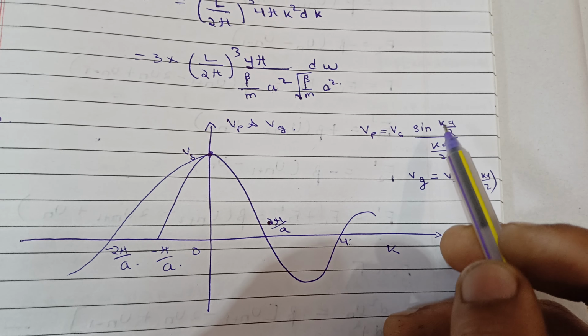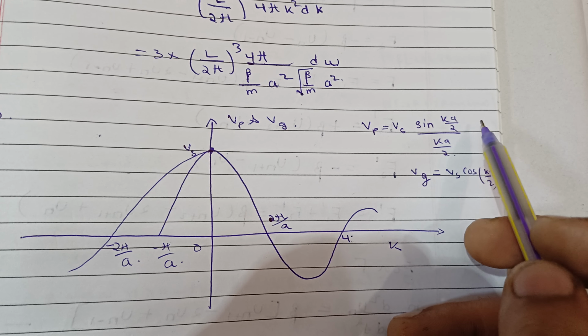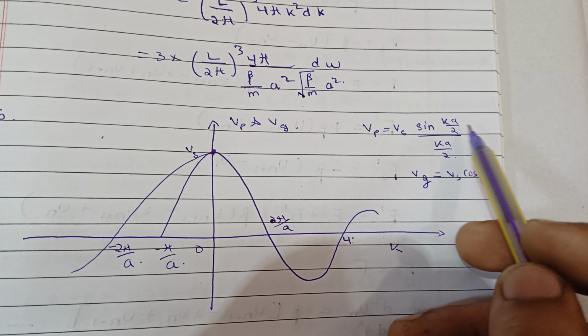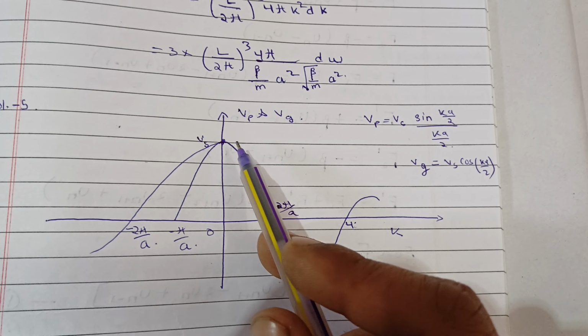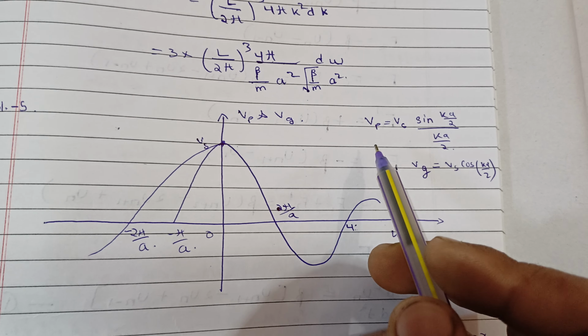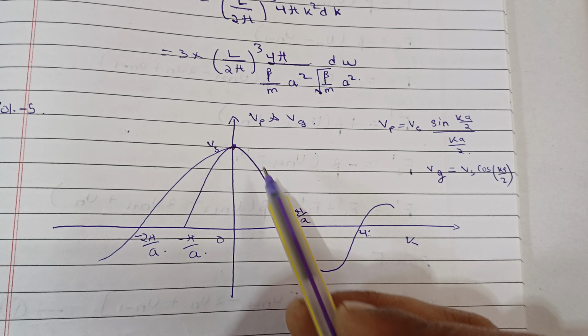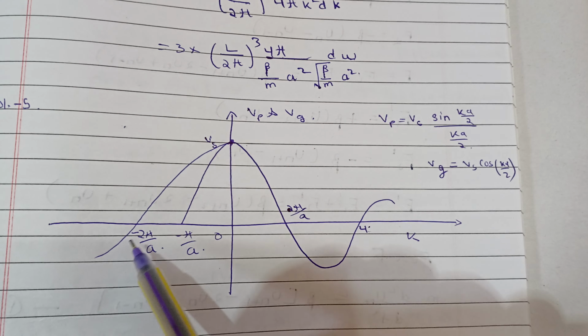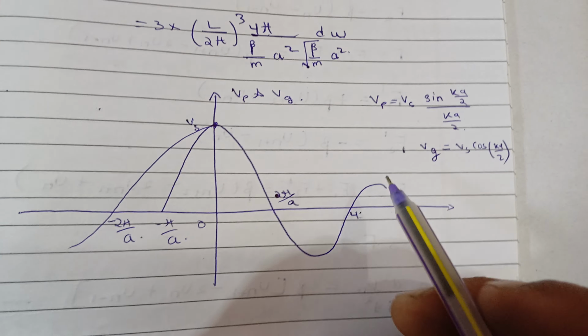This term will be 0 when ka by 2 will be n pi. So it will turn out to be 2n pi by a. So the first 0 will be at 2 pi by a for the Vp curve, and on the negative side at minus 2 pi by a. So we'll get something like this curve for Vp, in the region minus 2 pi by a to 2 pi by a.